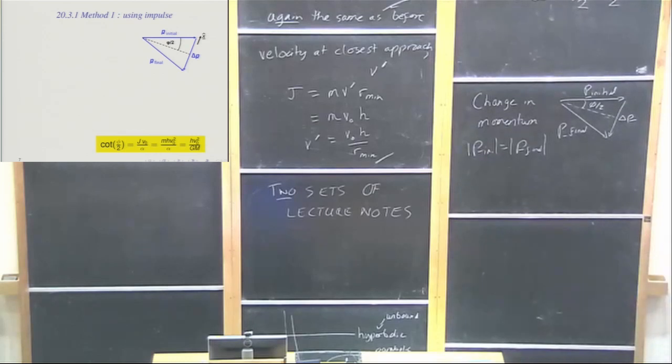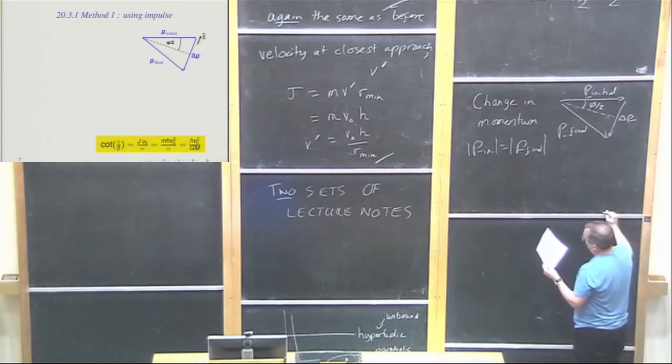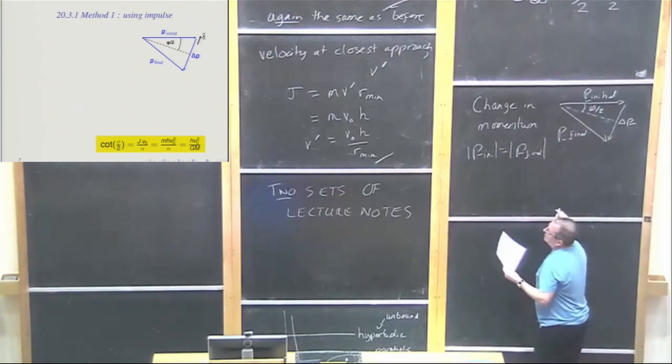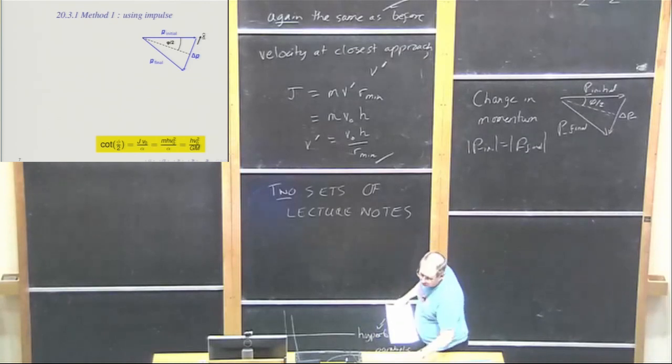Right. So by geometry, therefore, I can write that, let's keep as vectors. So let's keep our mind on the possible signs in the problem.